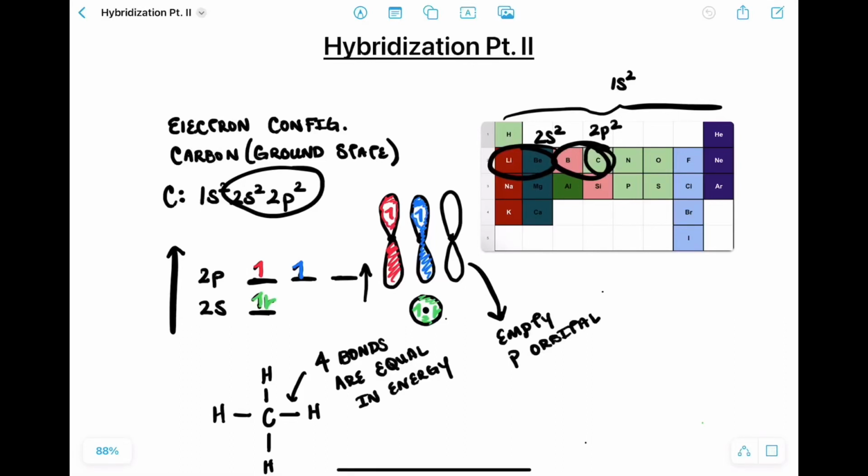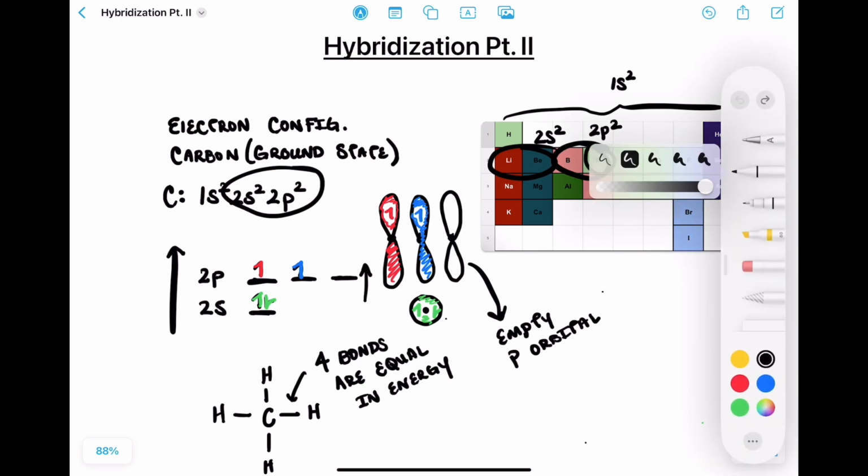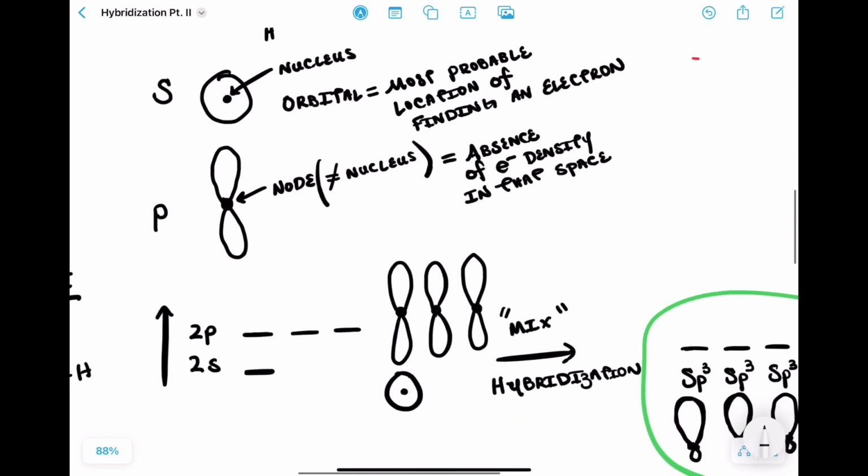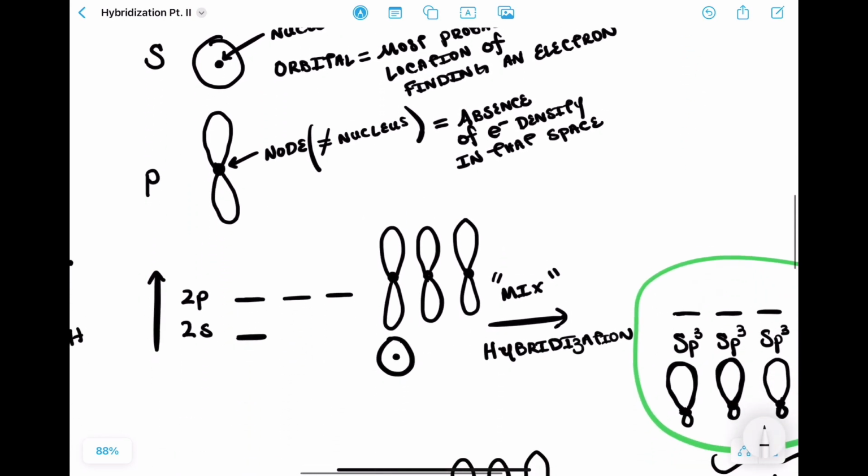In the last hybridization video, we gave an overview of hybridization, what it is. We talked about an older model and how we can correct it to account for four equal bonds around carbon.